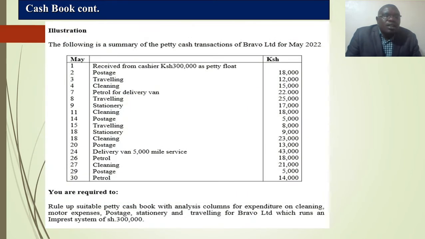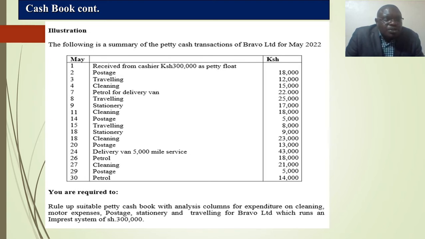So let us look at an illustration. The following is a summary of petty cash transactions of Bravo Limited for the month of May 2022. On day 1, received from the cashier 300,000 shillings as petty float. That is the petty cashier who has received from the main cashier 300,000.